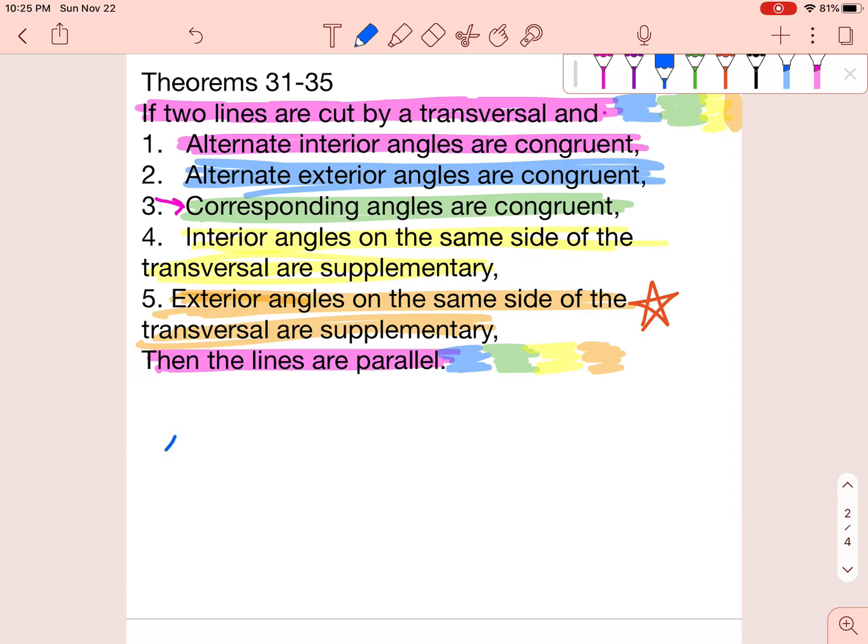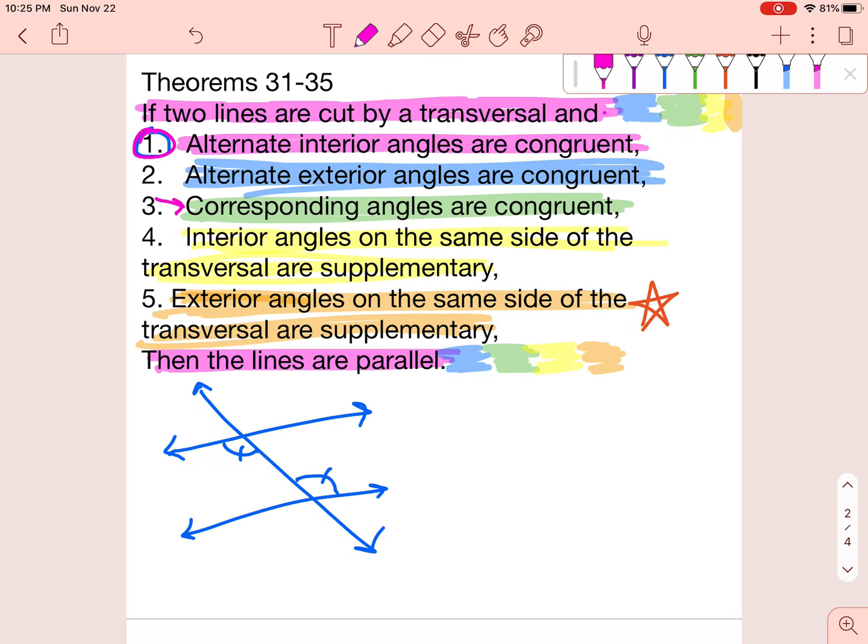Okay, so again, if you see some pictures, even without angle measures, even if you just see some tick marks, let's say I put a tick mark here and a tick mark here. This is alternate interior, theorem 1 that you see right here, this pink one.